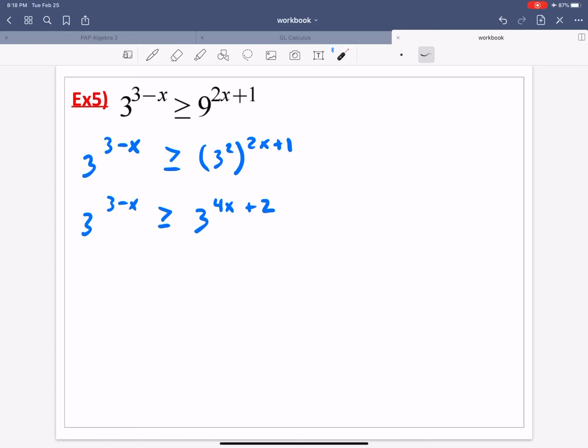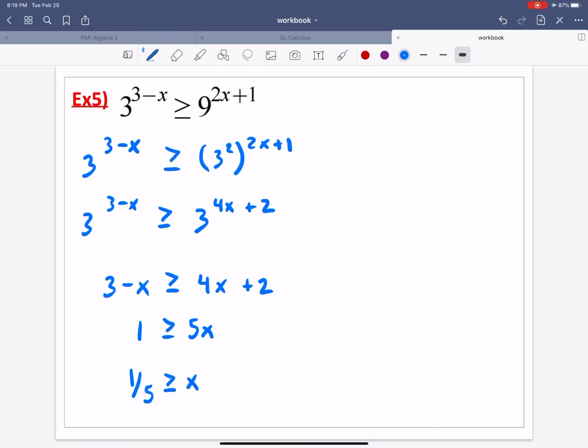So now that you've equated your bases, you can write an inequality just using the exponents. So 3 minus x is greater than or equal to 4x plus 2. I would subtract 2 to the left, add 1x to the right, divide by 5. You get 1/5 is greater than or equal to x as our final answer.